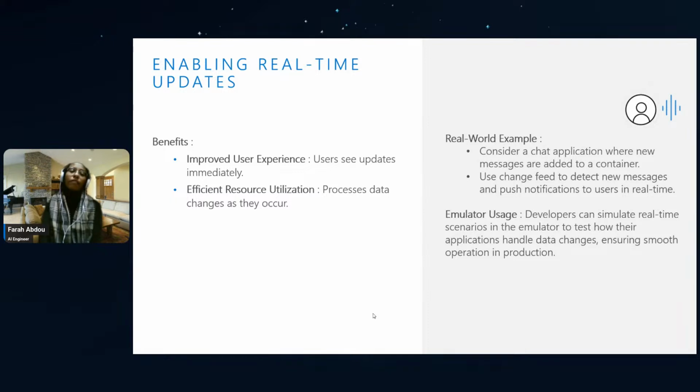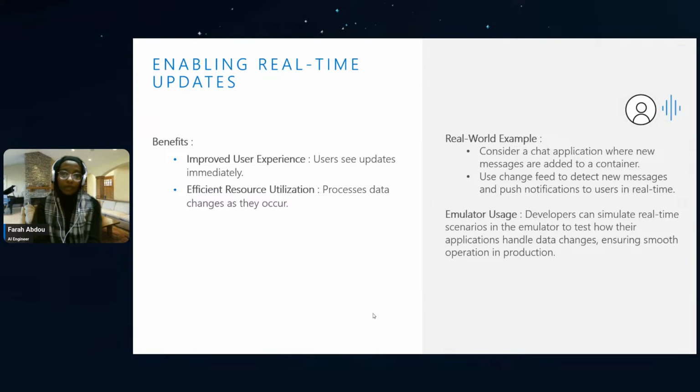If I need to work with data in real time, what is the benefit? It improves the user experience, because I can see updates immediately, what is happening now. It also gives efficient resource utilization, processing data changes as they occur.